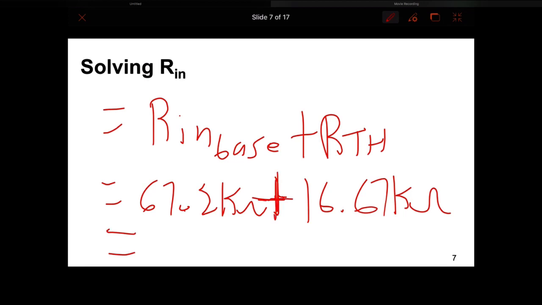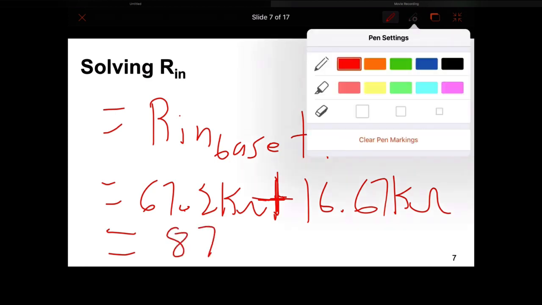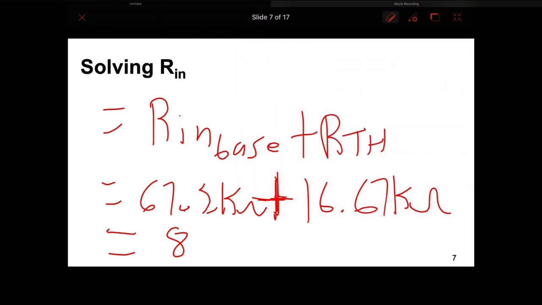So 67.2 plus 16.67 is 83.87 k ohms. There we go. That's good. K ohms. That's for RN.